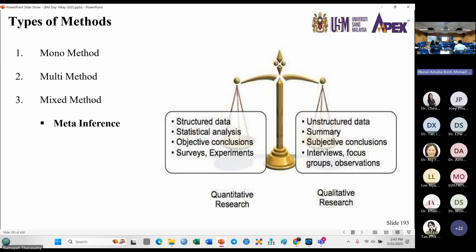Can the method be applied to a situation where you conduct an experiment and then followed by a quantitative study? You consider that as multi method? We can. The way we design, we also now have some people doing structural equation modeling. After that, what they do is they do text mining. But this is a qualitative criterion.